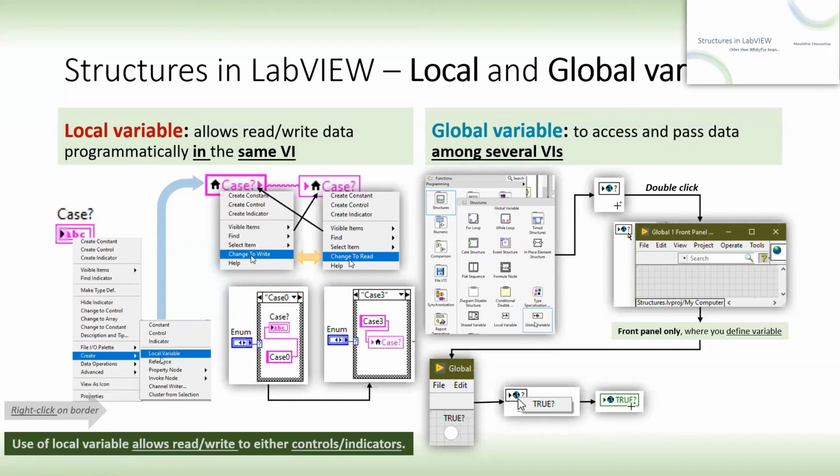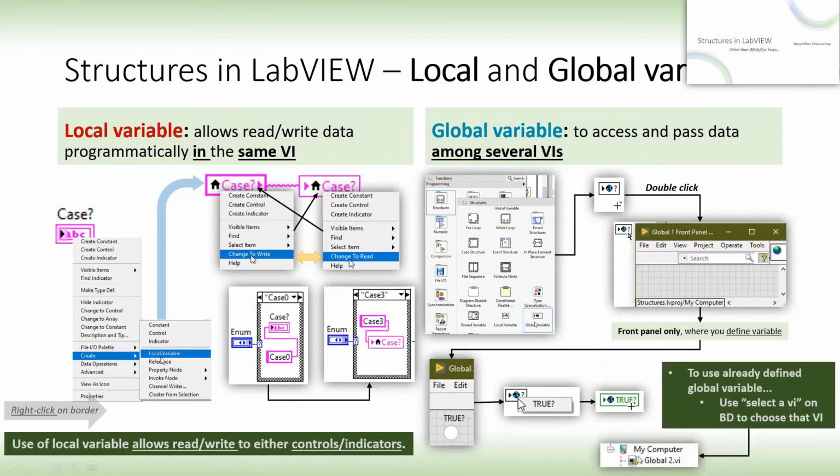When you define a global variable inside a project, you can use it in every other VI in your project. So when you want to use this global variable in another VI, go to your project explorer and use this global VI. You just drag it and drop it on your block diagram, and it will appear like this one.